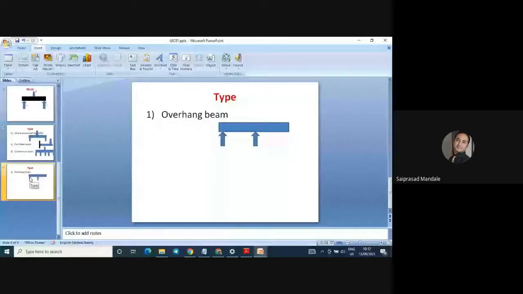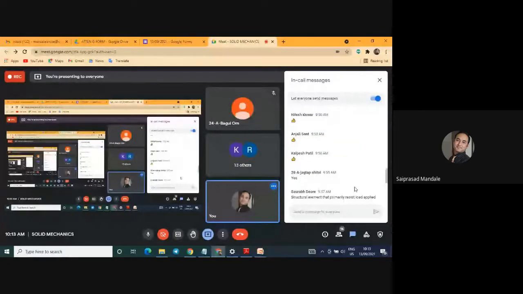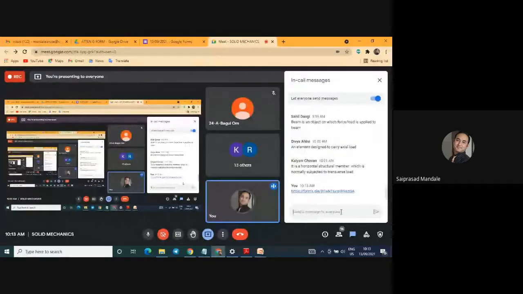Just give me an instant answer. What are the different types of the beam that we will be looking for? Simple question, and I'm expecting a simple answer in the chat box. Please tell me what are the different types of the beam. Type in the chat box. I'm expecting only types.